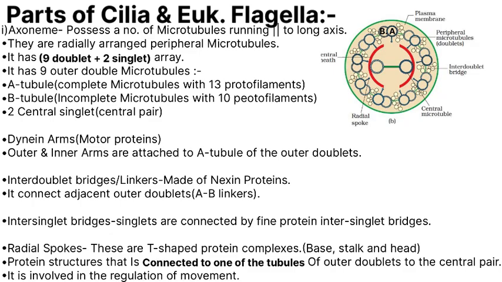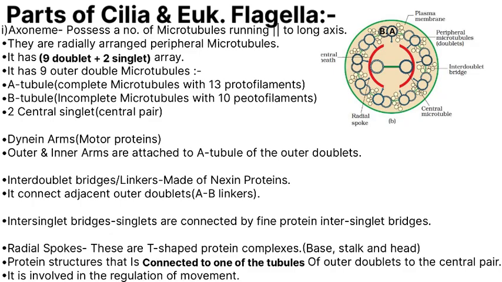Then we have another bridge called the intersinglet bridge. In the 9+2 axoneme, the central +2 pair of singlet microtubules is referred to as S1 and S2, or you can also say C1 and C2, which means singlet 1 and singlet 2. These are not just freely floating singlets, but these two singlets are connected to each other by fine protein lines called the intersinglet bridge.